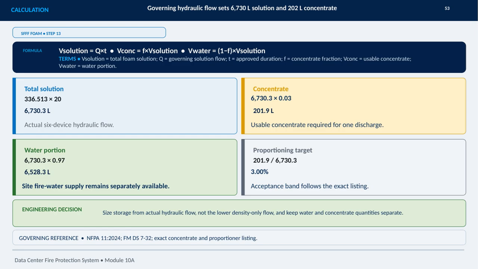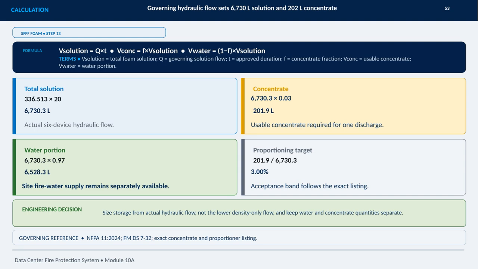The remaining 97% is the water portion, which equals 6,528.3 liters. Keeping these quantities separate is important because the site firewater supply remains independently available. The proportioning check divides 201.9 liters of concentrate by 6,730.3 liters of total solution, confirming a 3% target.